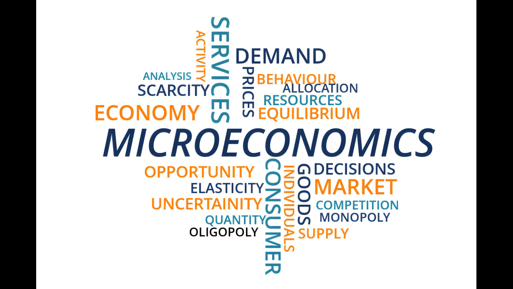Economists commonly consider themselves microeconomists or macroeconomists. The difference between microeconomics and macroeconomics likely was introduced in 1933 by the Norwegian economist Ragnar Frisch, the co-recipient of the first Nobel Memorial Prize in Economic Sciences in 1969.